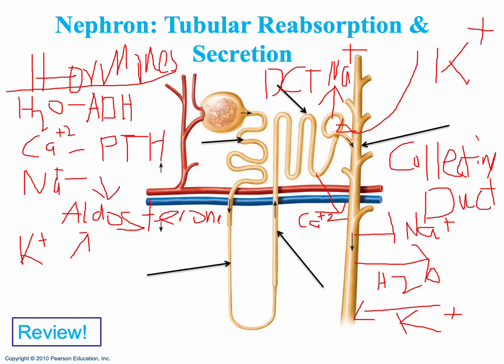So, very important to make sure to review the two sections of the nephron controlled by hormones, the DCT and the collecting duct, and knowing that water, calcium, sodium, and potassium are controlled by hormones. Water through ADH, calcium through PTH, and sodium and potassium controlled by aldosterone.